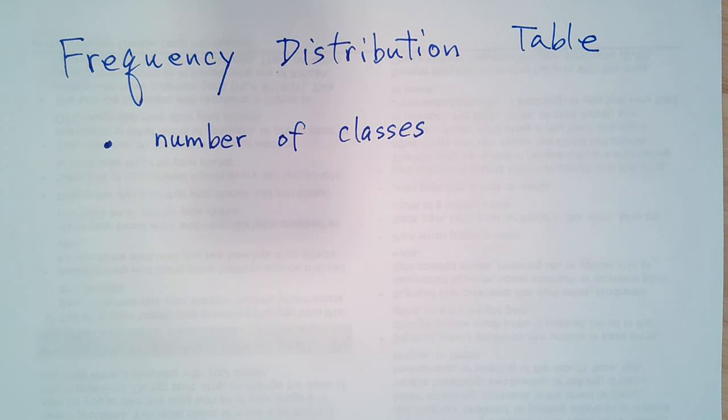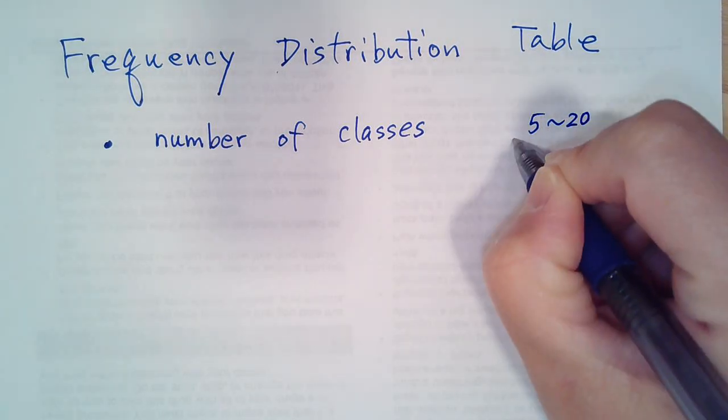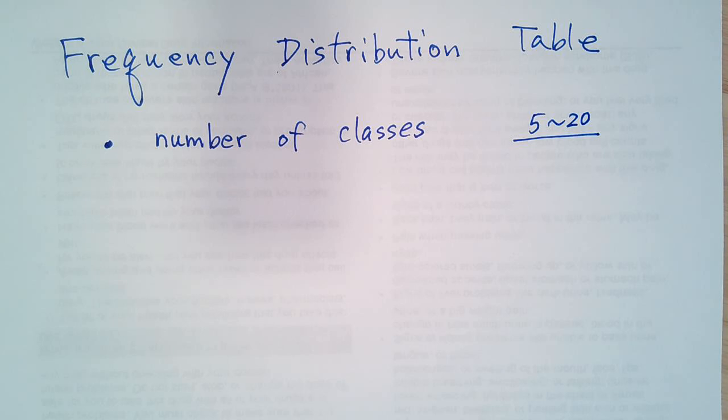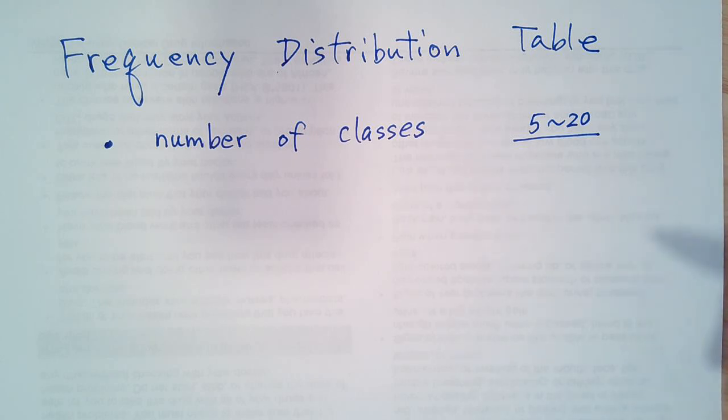The number of classes is usually between 5 and 20, depending on the data. It's usually between these, but there's no correct answer. There's no right or wrong, not even good or bad. It just depends. I don't think it's a science, I think it's kind of like an art, because as long as how you show it makes very good sense, that's okay. So, the number of classes.